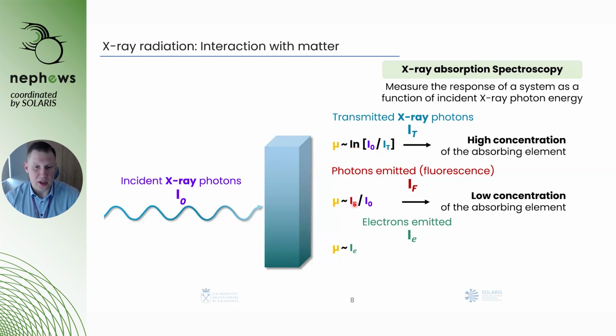the absorption coefficient. And in the case when we are interested in the surface parameters of our material, what is going on at the surface, then we can measure emitted electrons, and it will give us information from a depth of around 10 nanometers, what is going on at the surface of our material.